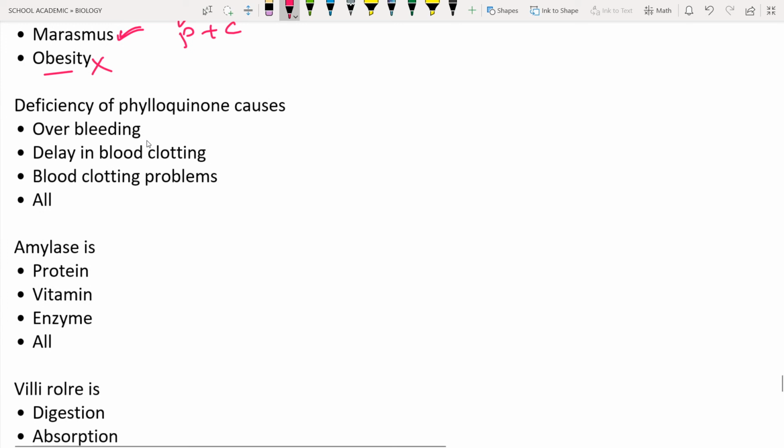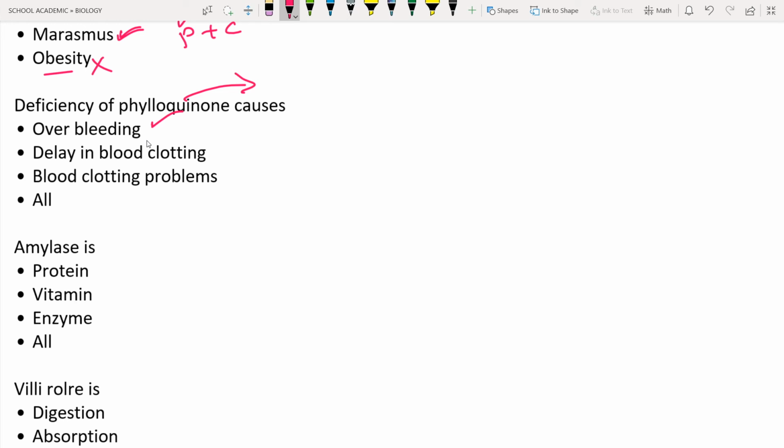Next, deficiency of phylloquinone causes. What is meant by phylloquinone? Phylloquinone is vitamin K. So if vitamin K is deficient, what is going to occur? The first option is overbleeding. Yes, it is correct. These people will have overbleeding when they have an injury. Next, delay in blood clotting.